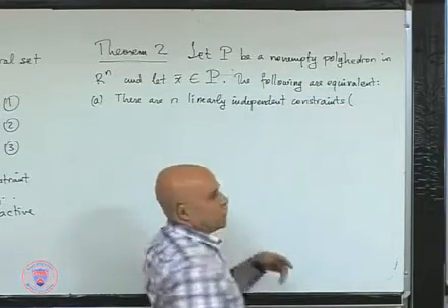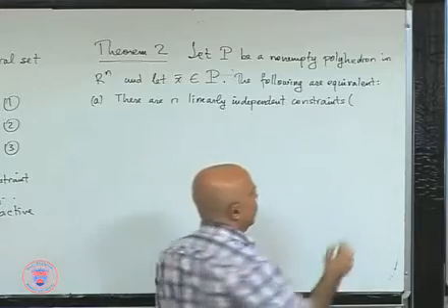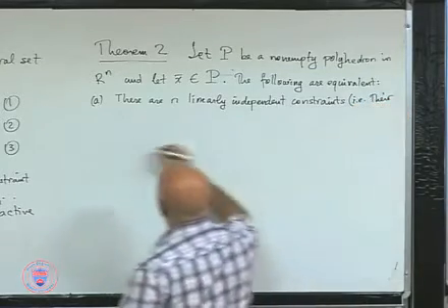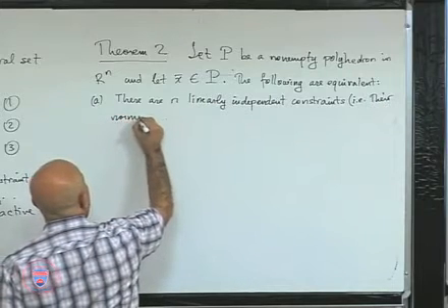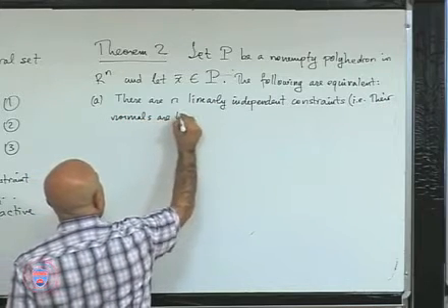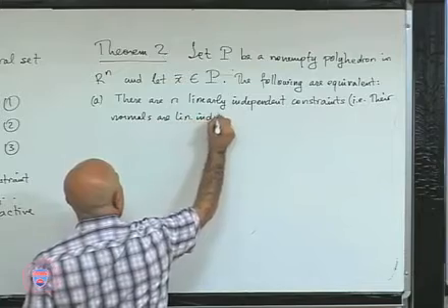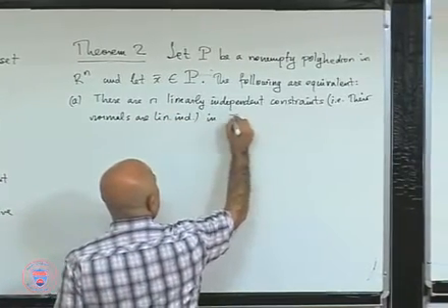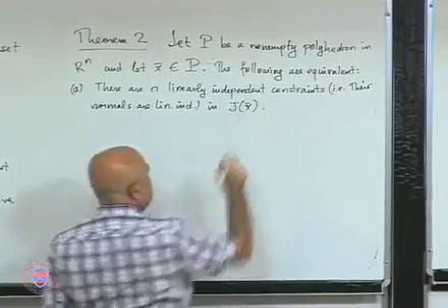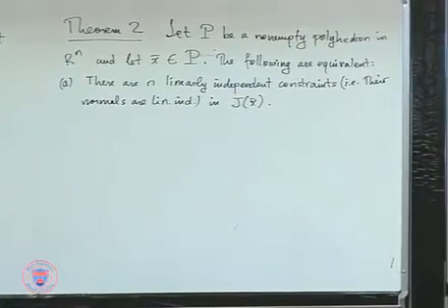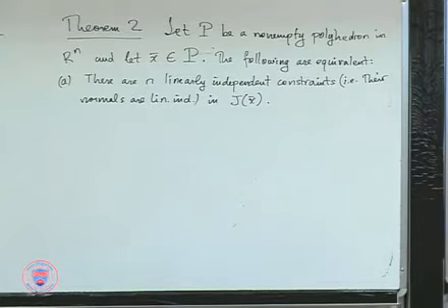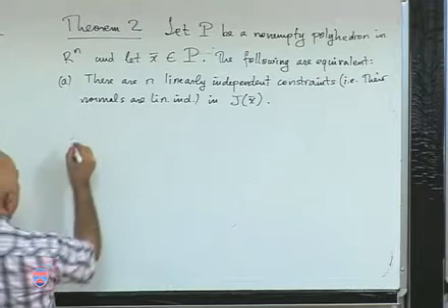Linearly independent constraints means their normals are linearly independent. And constraints are linearly independent by definition if their normals are linearly independent. That's how we define constraints being linearly independent.